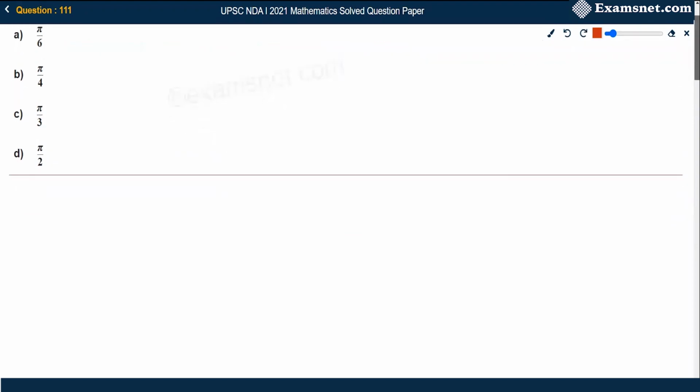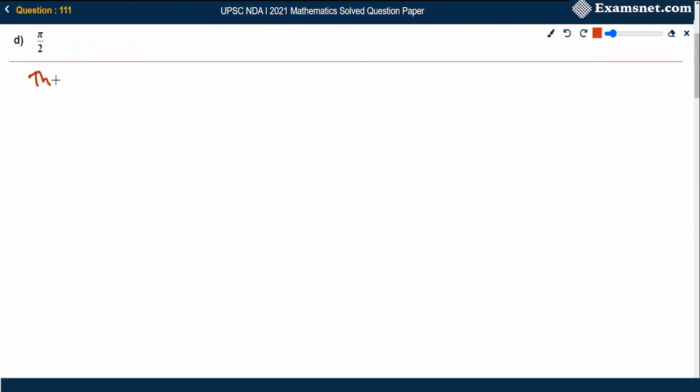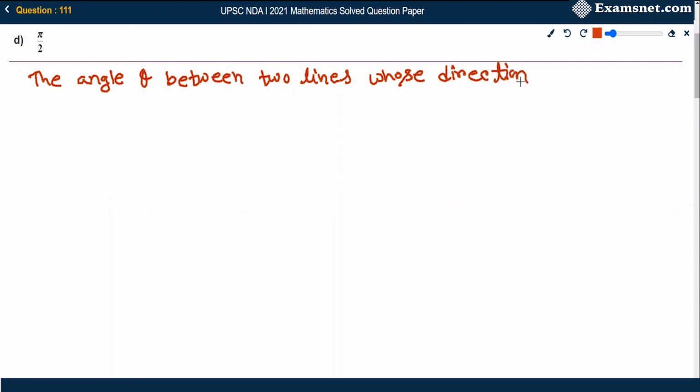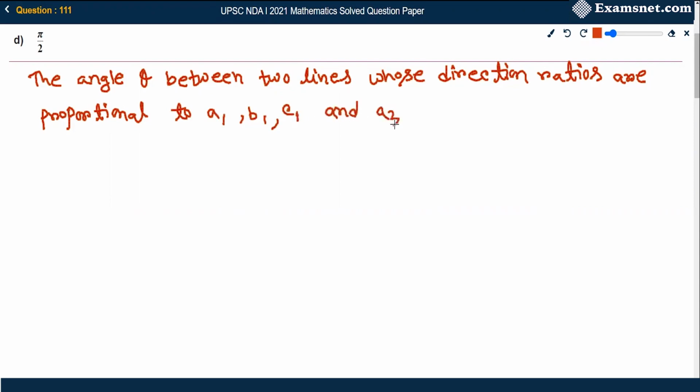So look here, the angle theta between two lines whose direction ratios are proportional to A1, B1, C1 and A2, B2, C2 respectively.